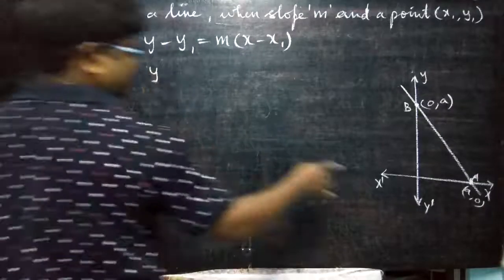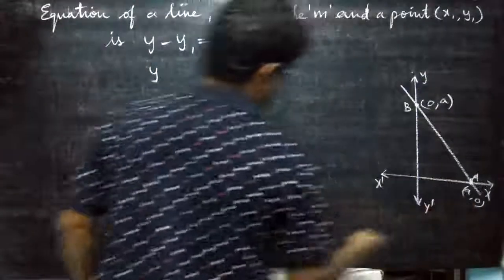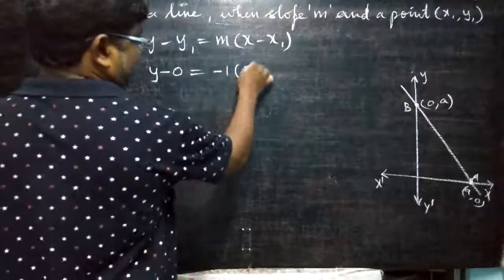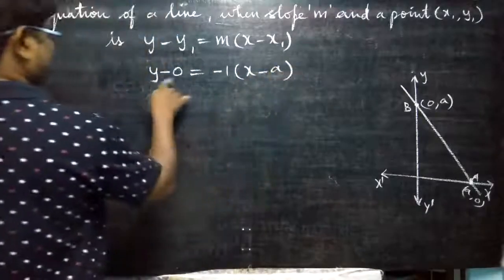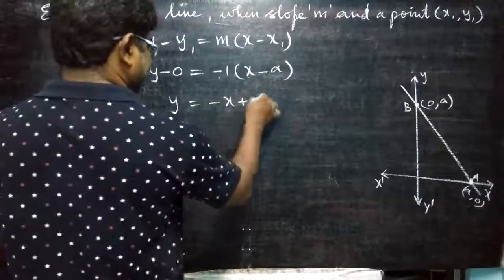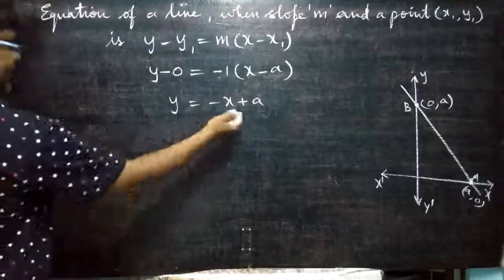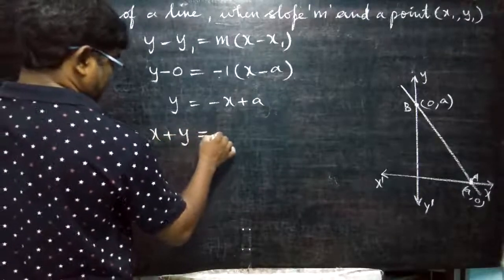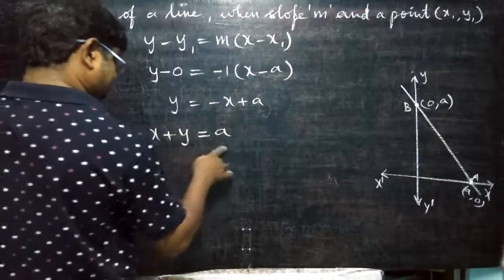Now whichever you think, I am taking x1 y1. y minus 0 is equal to minus 1 into x minus a. y minus 0 is y only. Minus x plus a. Bring from right to left. x plus y is equal to a.